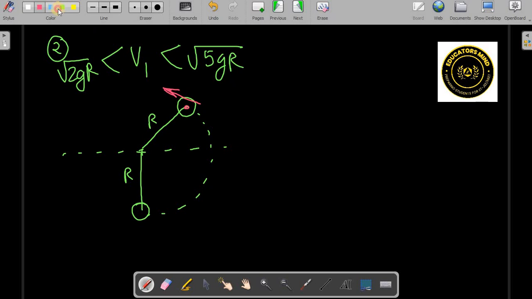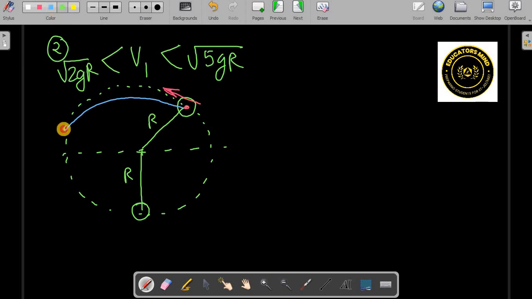So if this was the circular path, this body can enter into projectile motion whose path can be like this, because here tension becomes 0.